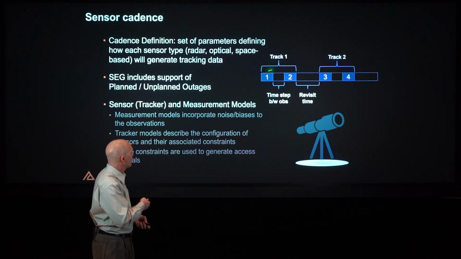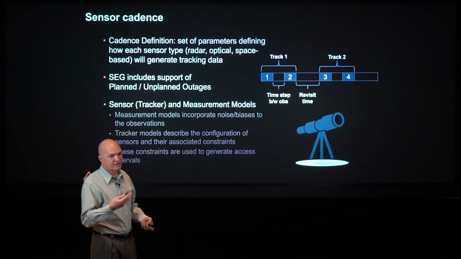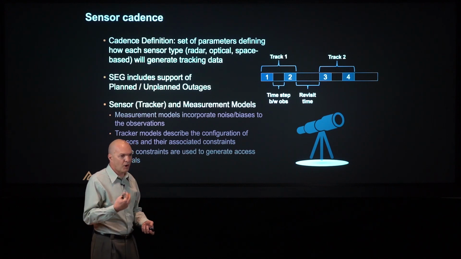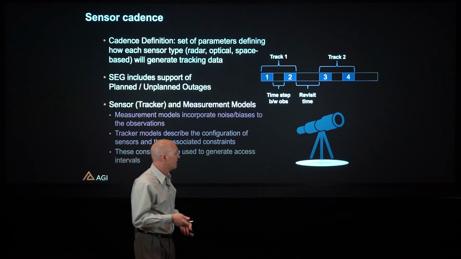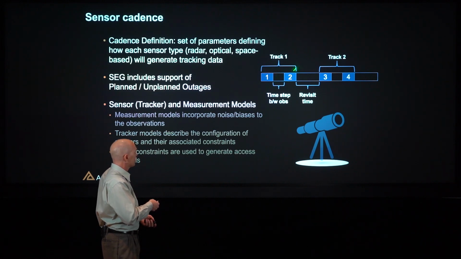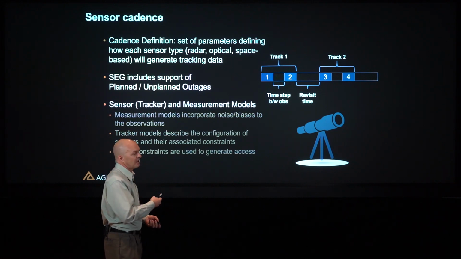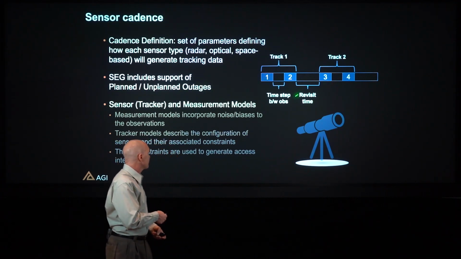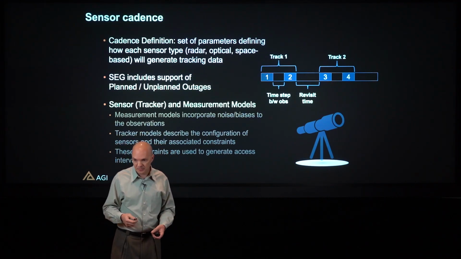Each track has a set of observations. So the number 1 here could refer to a right ascension and declination measurement. There's some time between successive right ascension and declination measurements, and then you could have a track, and 20 minutes later have another track. That's what this revisit time indicates.